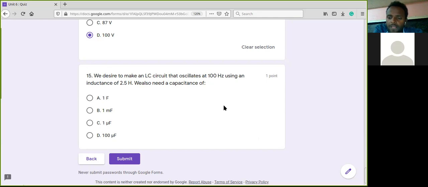How much did you get? 1 over 200 pi radical L. So use a calculator and let's put the answer. 1 times 10 to the power of -3.